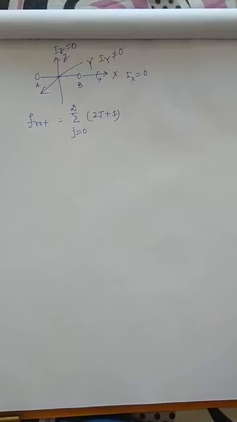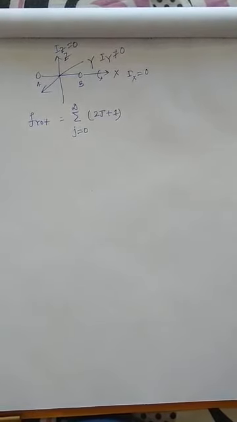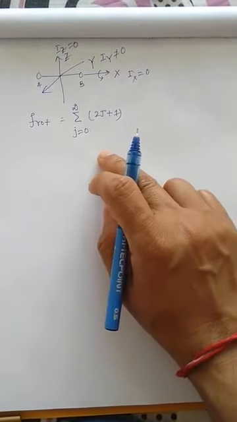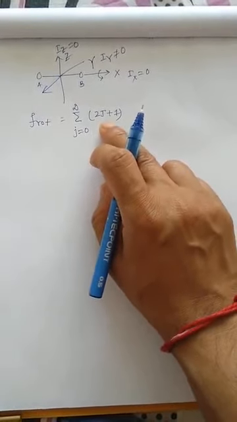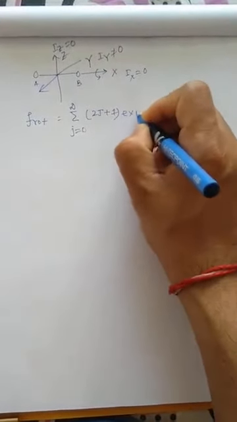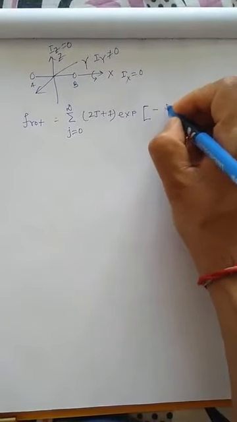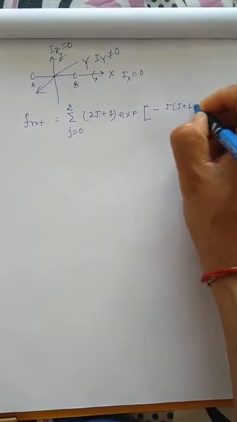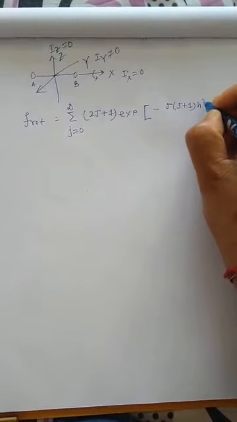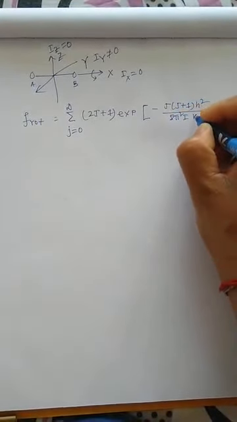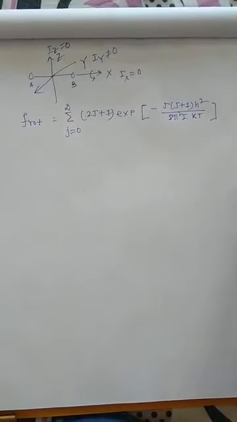That means in the translational energy levels there is no degeneracy; all energies are singly degenerate. But here, the rotational energy levels show degeneracy, and we have to include this in our calculation. So (2J+1) exp(−J(J+1)h²/8π²I kT). We have to include these things also.